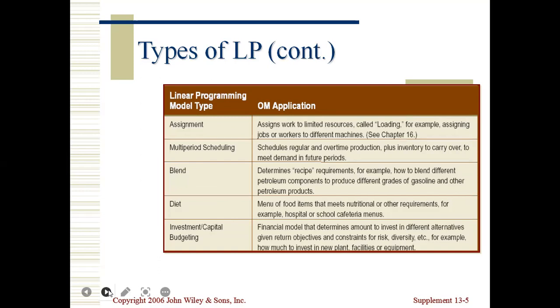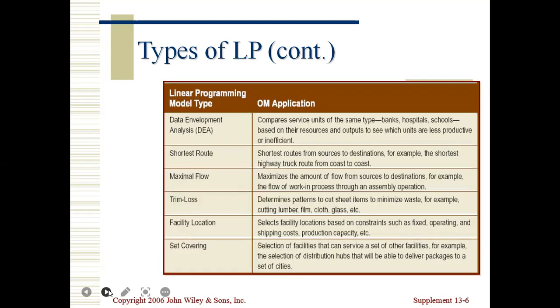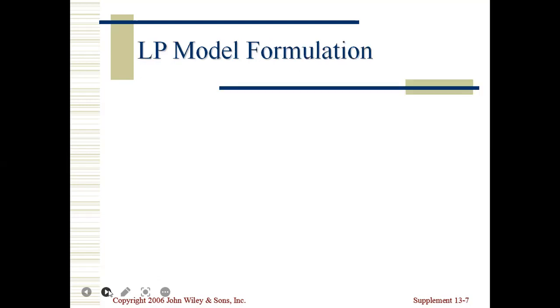Investment or capital budgeting is also a type of linear programming model. Others are data envelopment analysis, shortest route, maximal flow, trim loss, facility location, set covering, etc. There are many types of linear programming problems.